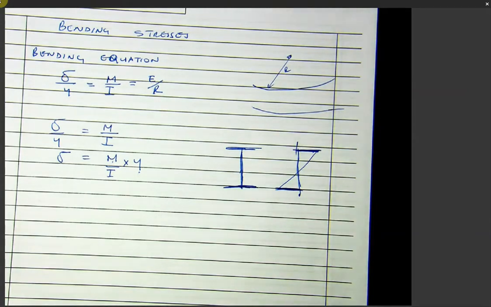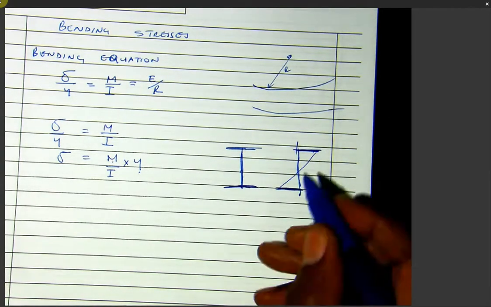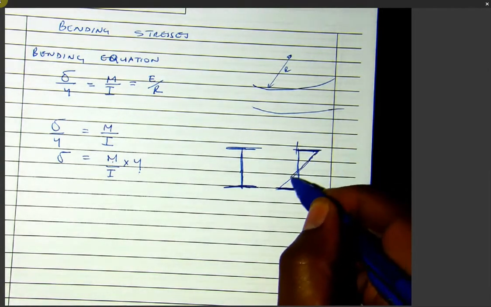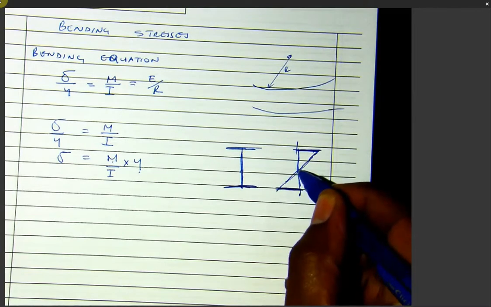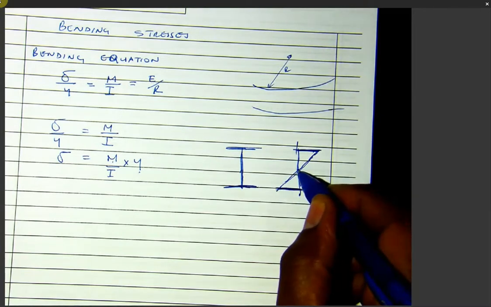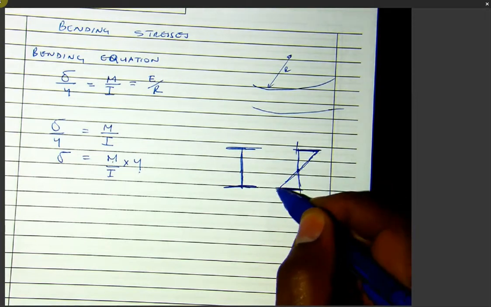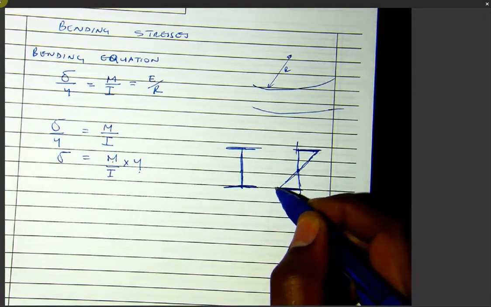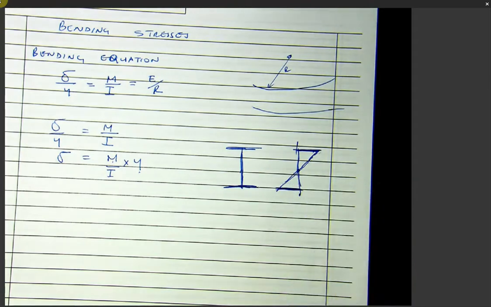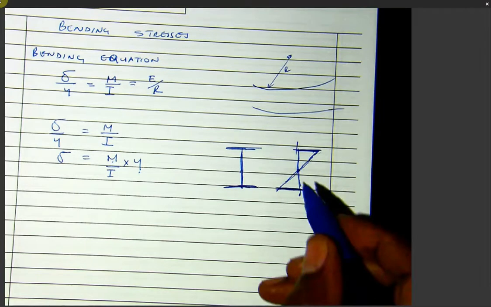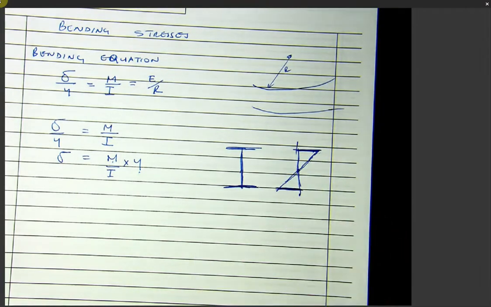And bending stresses, I think they are very straightforward. You can see as you approach the center of the section, the stresses are getting smaller and smaller and smaller. Hence, you're going to see some sections with an opening in the middle of the cross section.